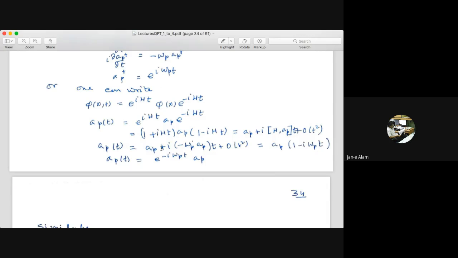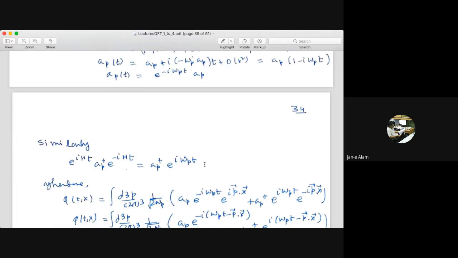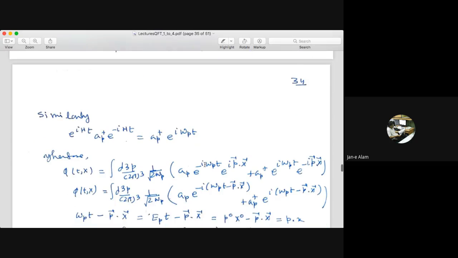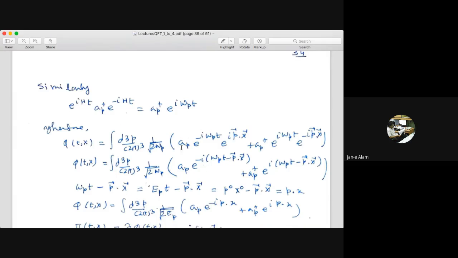So your A_p(t) will be A_p times 1 minus i omega_p t, which is for a small, infinitesimal transformation. For a finite transformation, it will come as an exponential, and A_p(t) will appear as e to the minus i omega_p t into A_p. So this is how the time dependence of the annihilation operator comes into the picture. Similarly, you can do it for the creation operator.